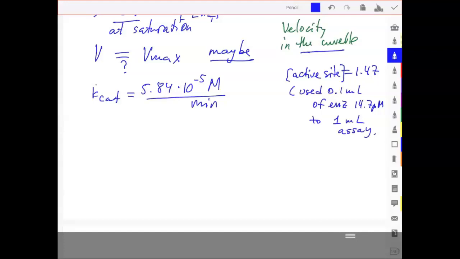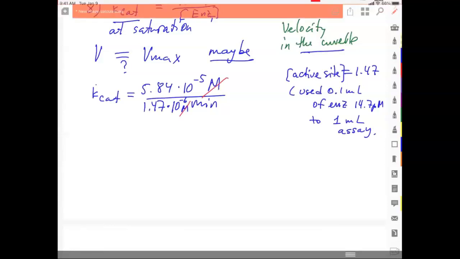Okay, so we're dividing it by 1.47 micromolar. So we need to get rid of the micro, right? Actually, we'll do it this way. So 1.47 micromolar is 10 to the minus 6 molar, right? And then the molar will cancel out.